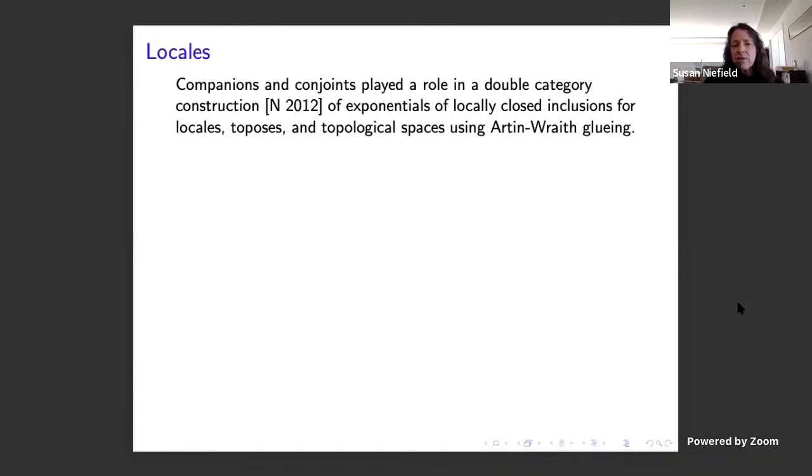And then in 2012, when I started getting interested in double categories, this is how I got interested. I was able to make a construction in double categories I called the gluing category, where I could construct exponentials of locally closed inclusions with a single theorem for these three cases. So that's the interest in companions and conjoints.